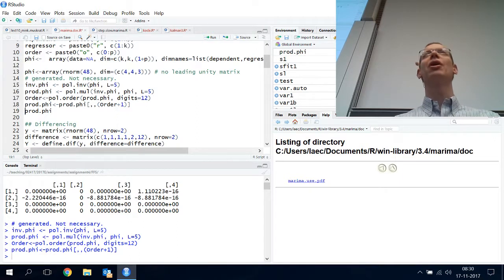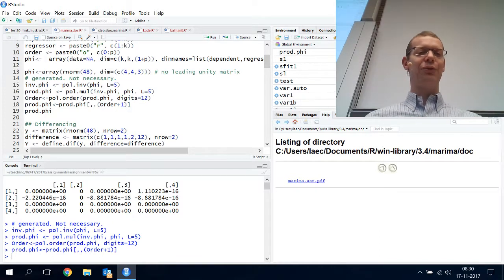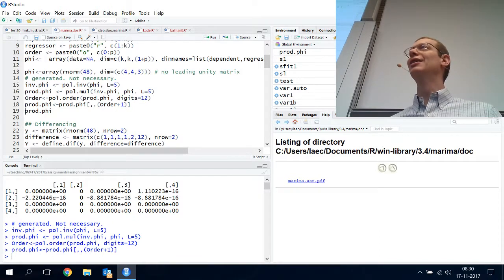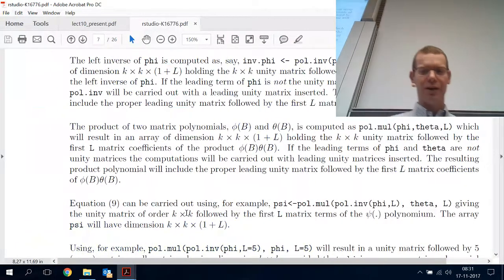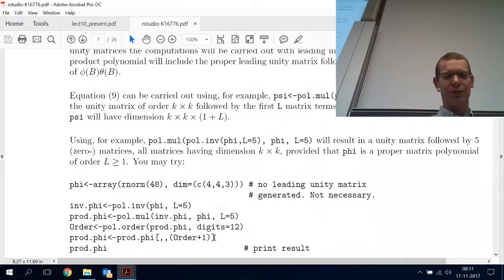But if I use some other numbers in the matrices that give you a longer memory, then you would sometimes expect that you have a larger influence. So you should use a larger L to get something that is okay numerically. So it's good to just assess, do I actually get the order that I expect? So that's one thing, again, about how things work numerically when you get to it.